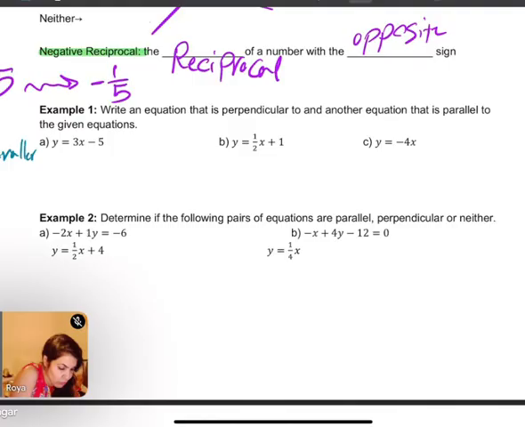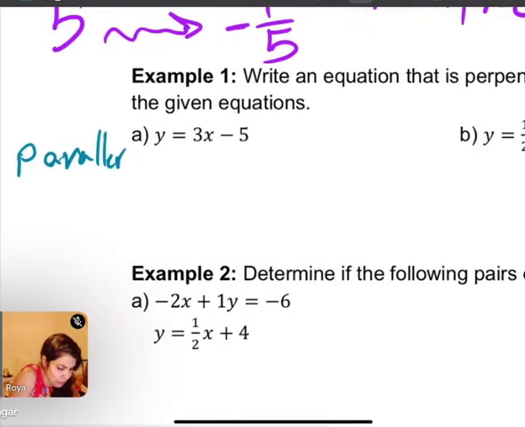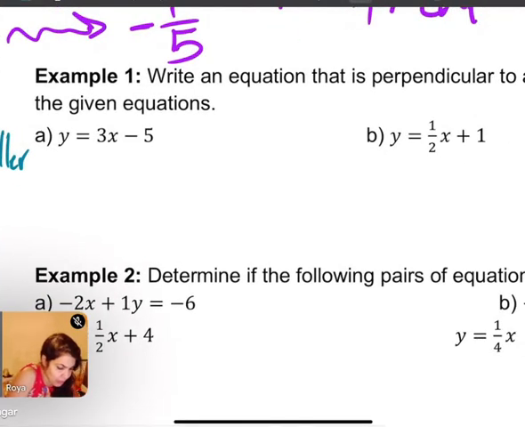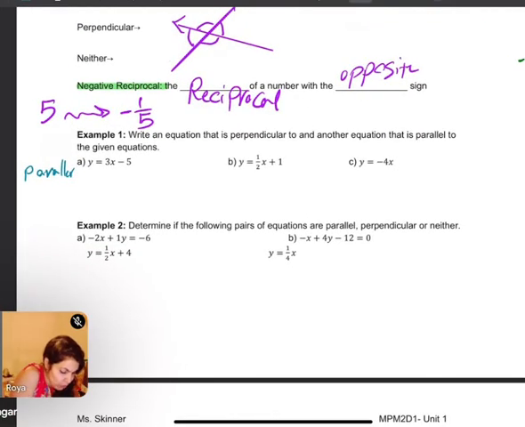We just look at the slope. Slope here is 3. Write another equation with a slope of 3. Y equal to, for example, 3x, and the y-intercept can be any number, plus 1.